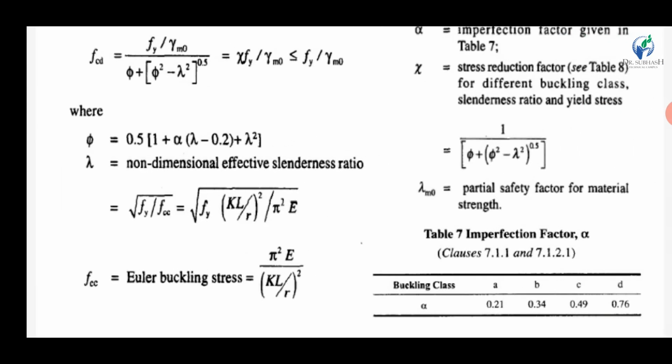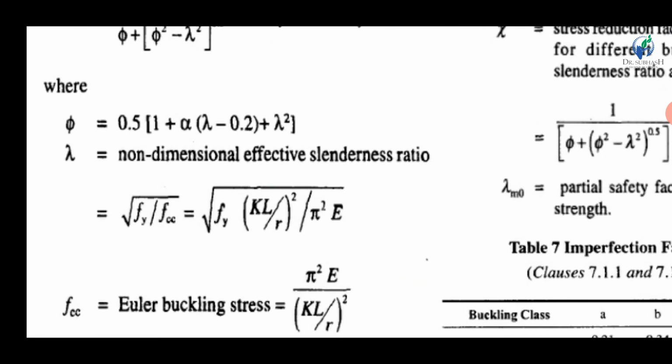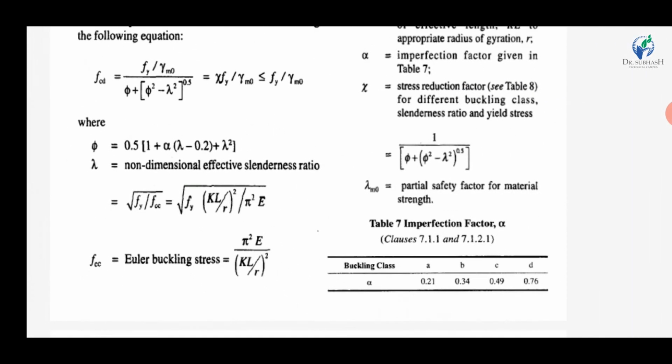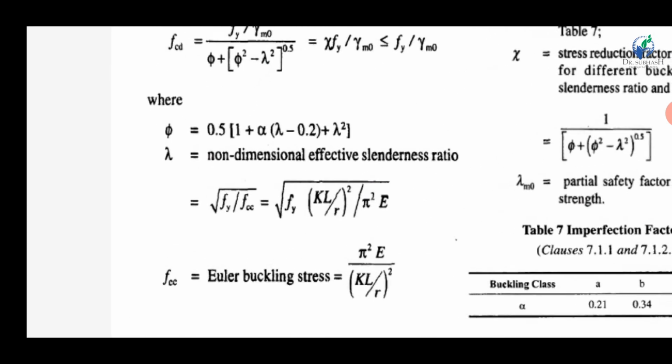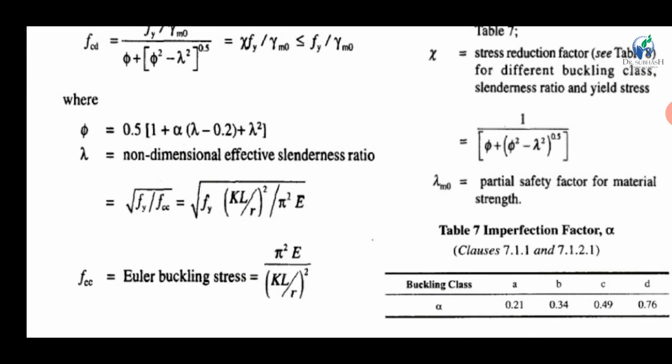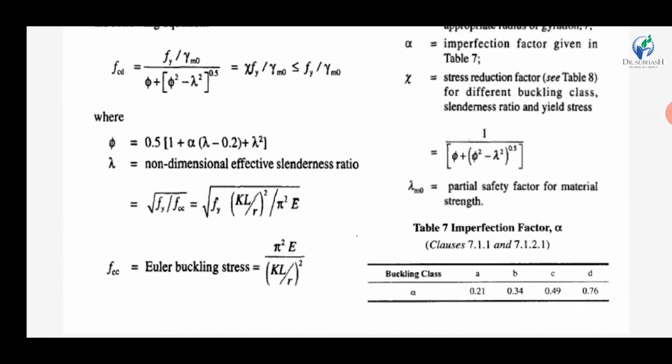So first we find the buckling class of the column, then we find lambda. Lambda is the non-dimensional effective slenderness ratio. The equation is given in the same clause, 7.1.2.1. Lambda is equal to the square root of Fy divided by FCC. FCC is Euler's buckling stress, and we know Euler's equation of buckling: pi square E upon KL by r whole square.